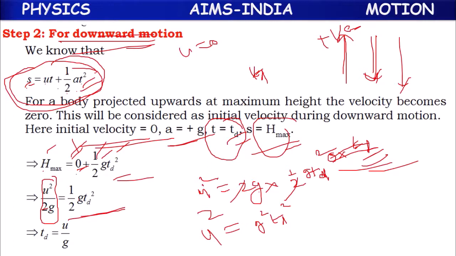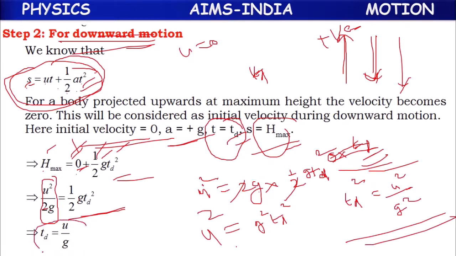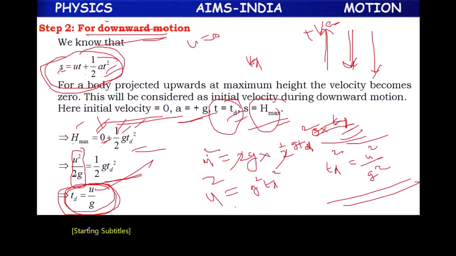Then g square comes to this side, so td square equal to u square by g square. If we take the square root, td equal to u by g. So time of descent equals initial velocity by g.